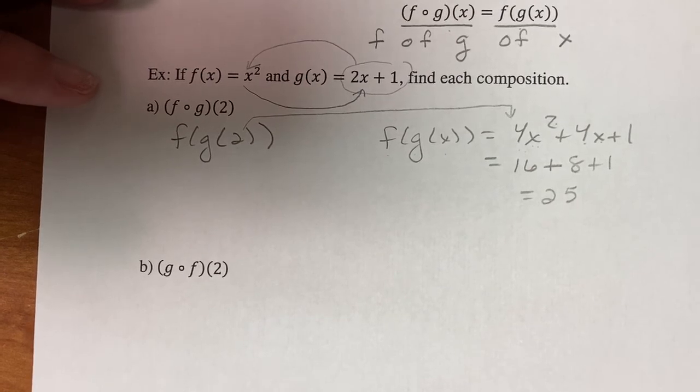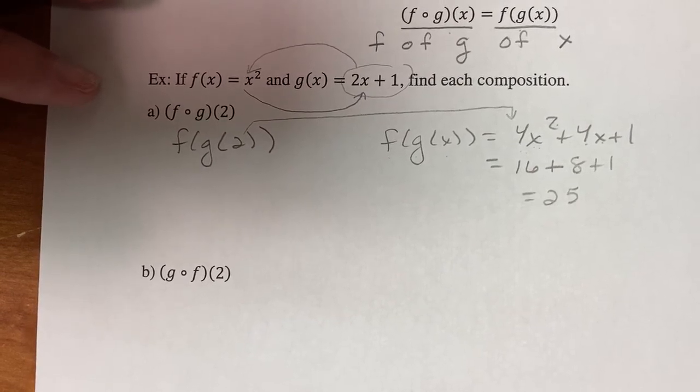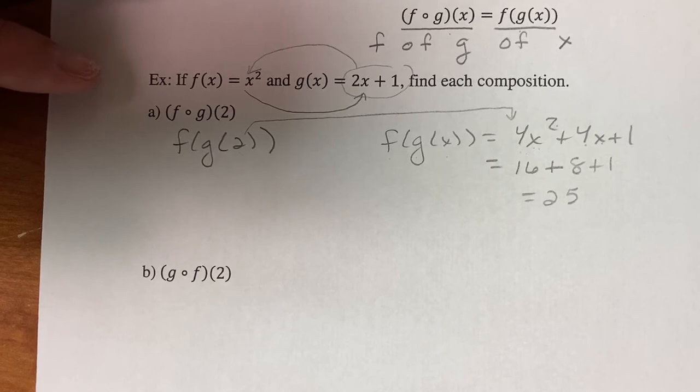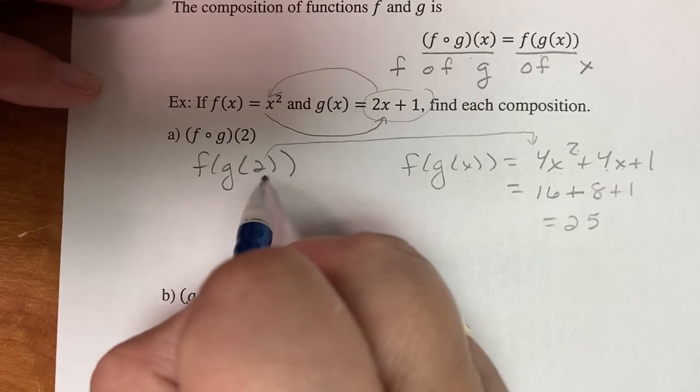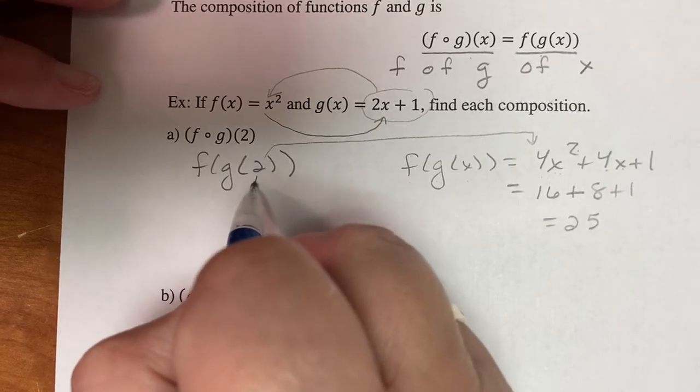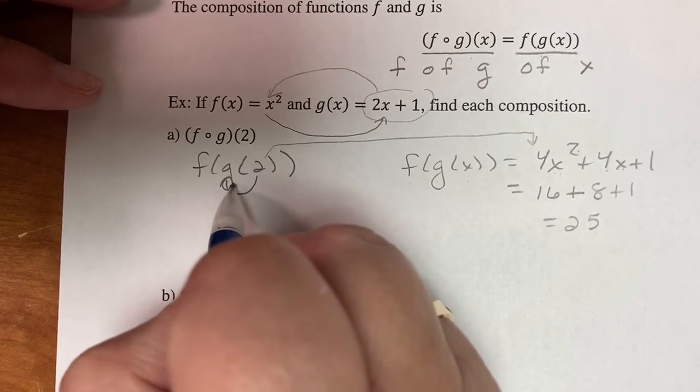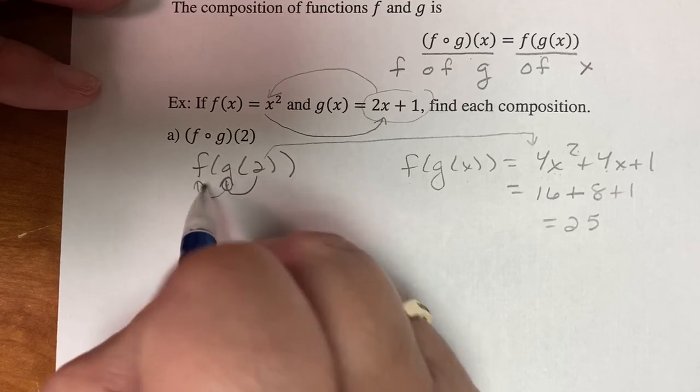The problem with that is, if you do it that way, you first always have to find the f of g of x. Is there a way to do it without having to find the f of g of x? Yes, there is. All you have to do is you take your 2 and you work backwards. You plug that 2 into g first, and then you take that answer and plug it into f.